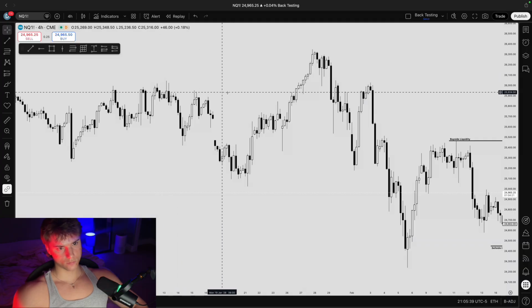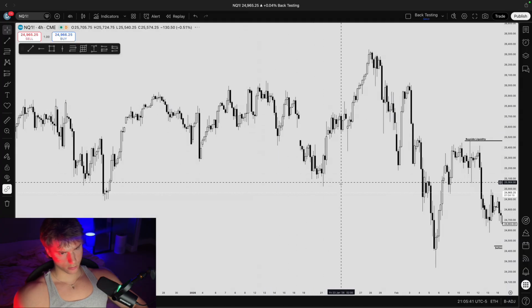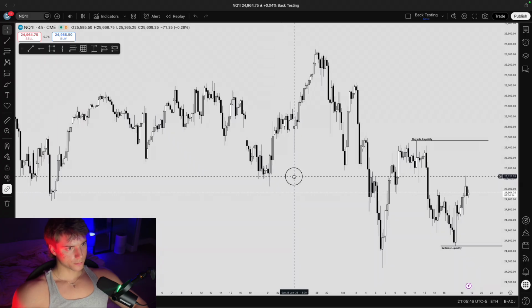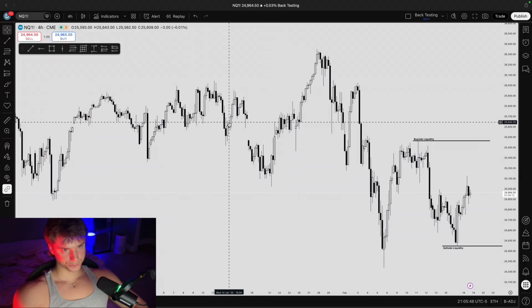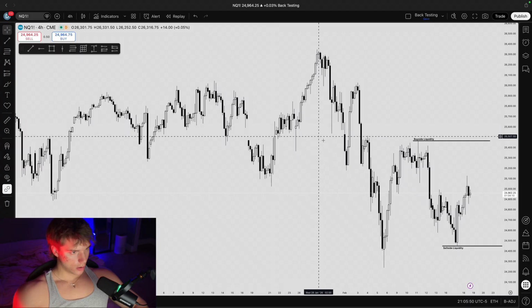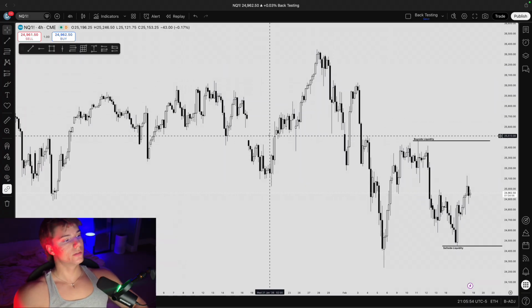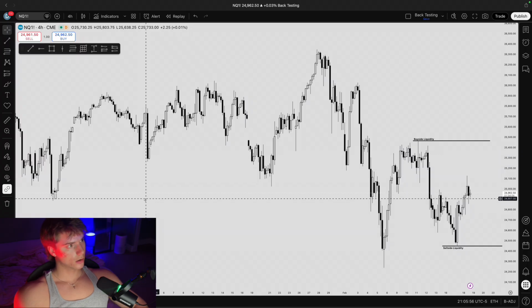Okay. Here we go. So over here, I want you to spot relative equal highs and relative equal lows on a high time frame.